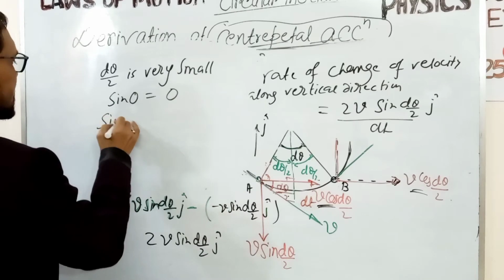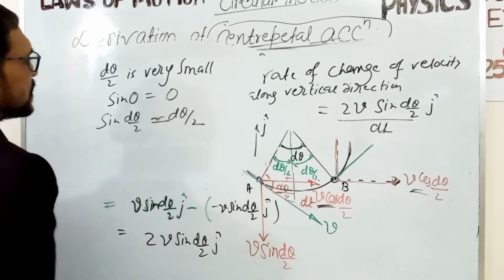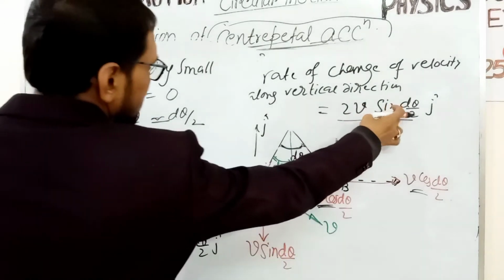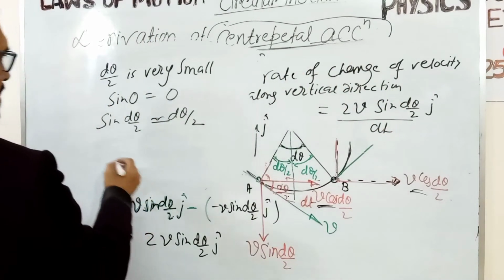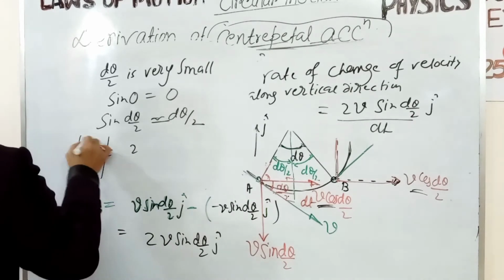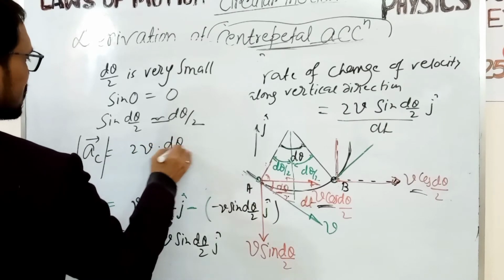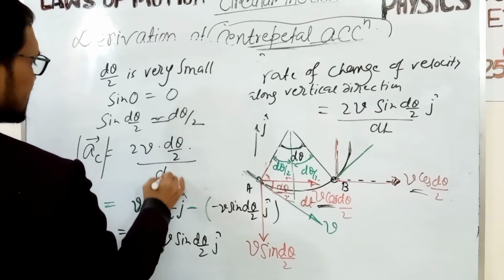So sin(dθ/2) is almost dθ/2, so we put only dθ/2 and cancel the sin. Now the magnitude of the acceleration is equal to 2v times (dθ/2) by dt.